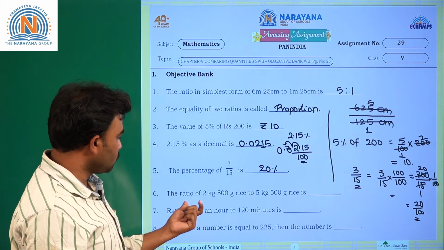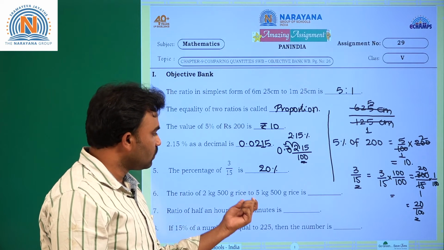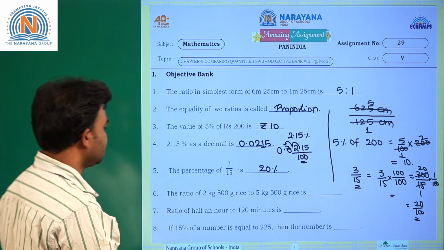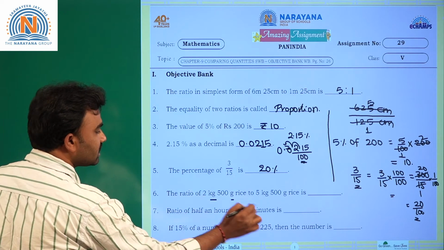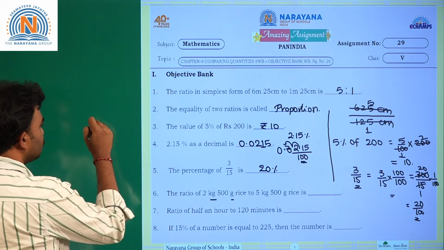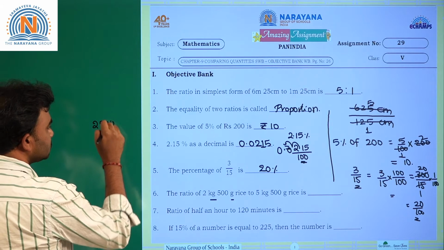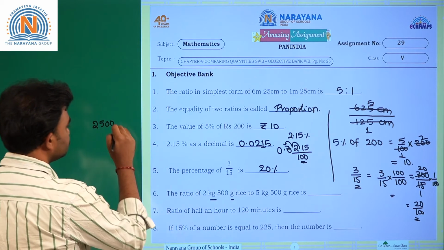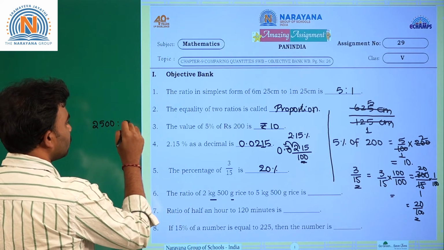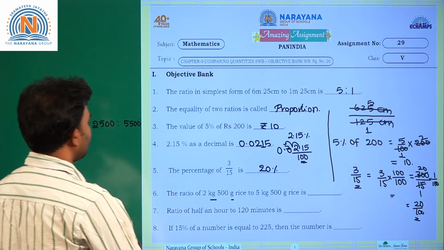Next one, the ratio of 2 kilograms 500 grams of rice to 5 kilograms 500 grams of rice. Kilograms and grams are given, so convert the kilograms into grams. We can write it as 2500 grams is to 5 kilograms 500 grams, which is 5500 grams.